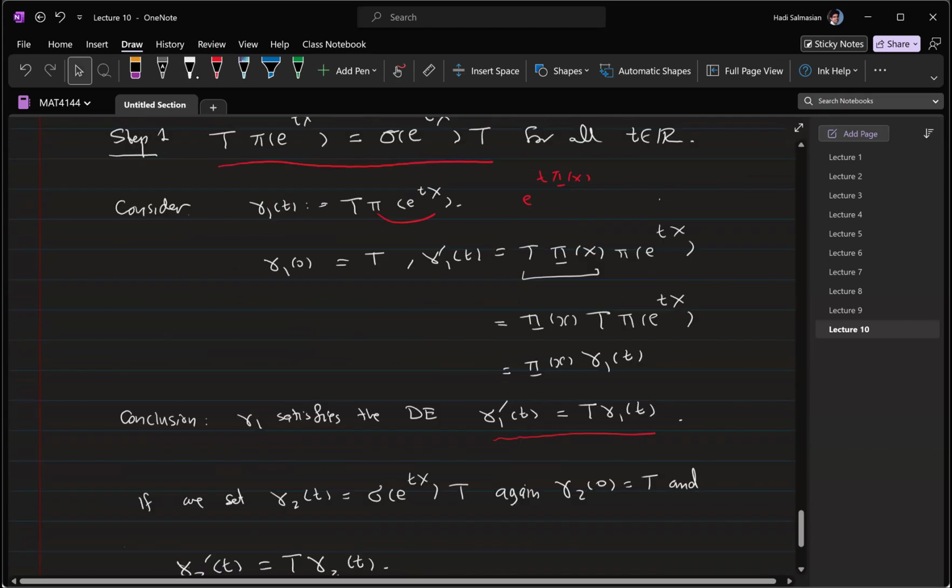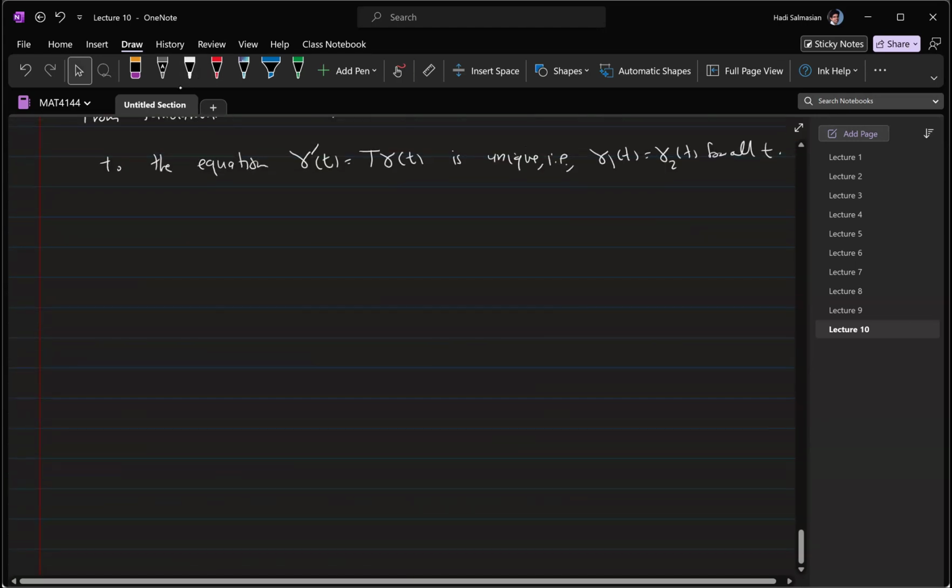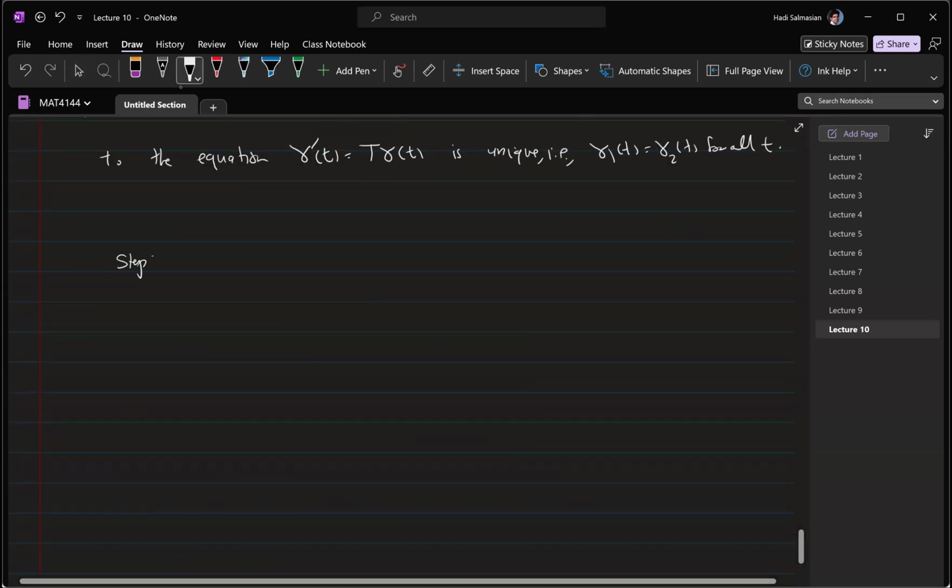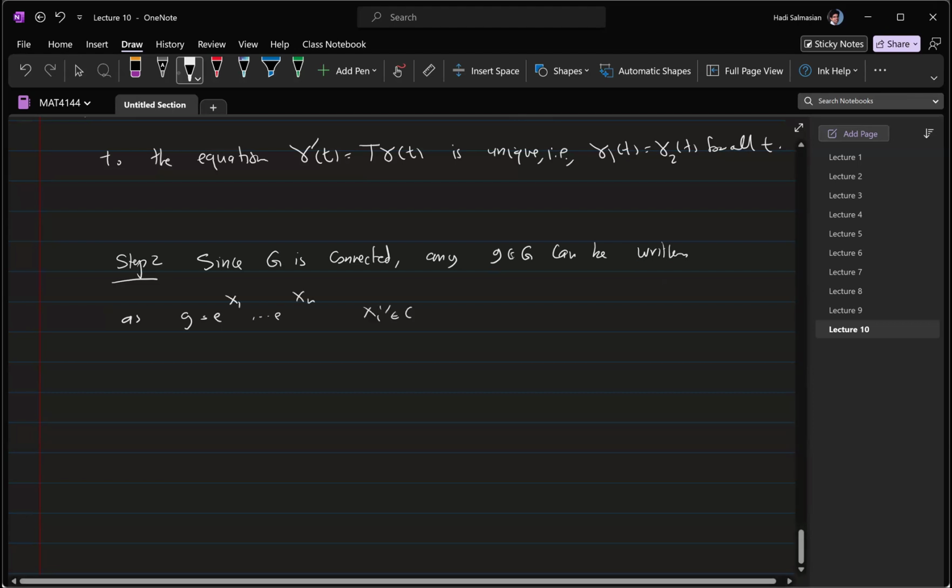So this will be the second step. Step 2: since G is connected, so here connectedness is used, any g in G can be written as e to the x1 through e to the xn, with each xi in the Lie algebra.